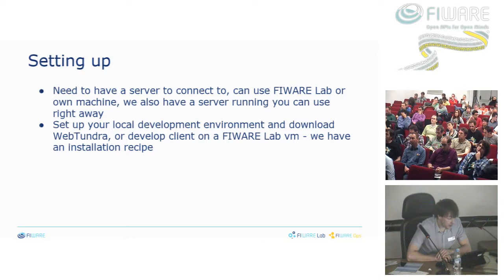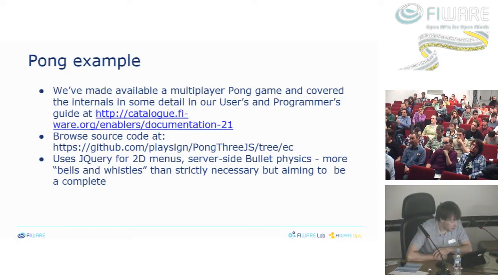To start with this, there's an installation recipe available on FIWARE Lab, where you can set up your own virtual world server and then start experimenting with it. The Pong example is also available as an example in the users and programmers guide of this GE.